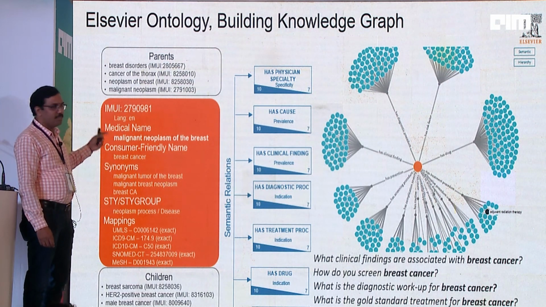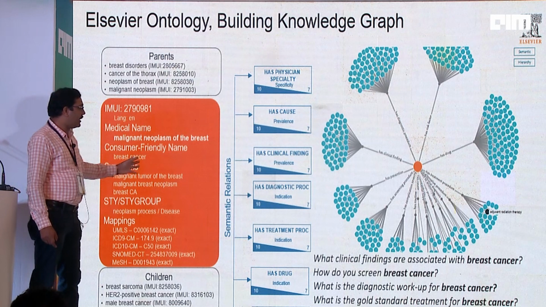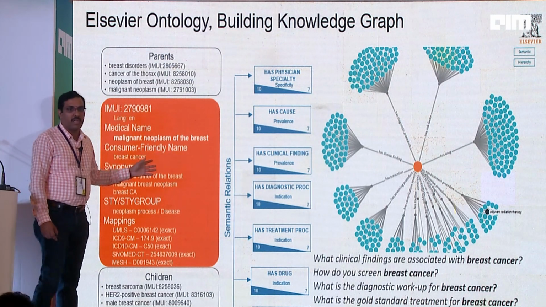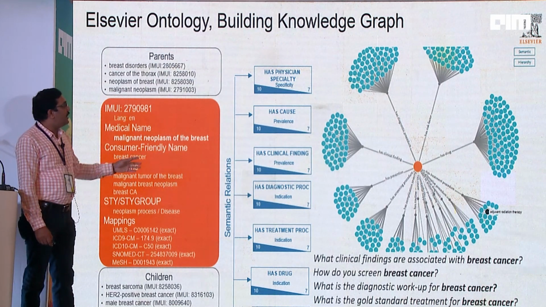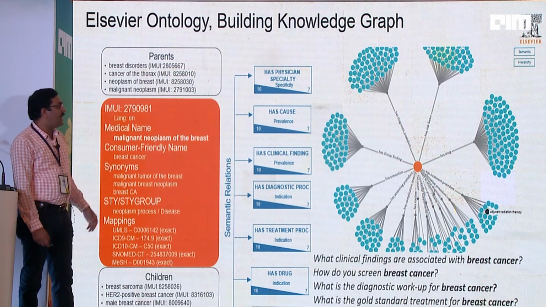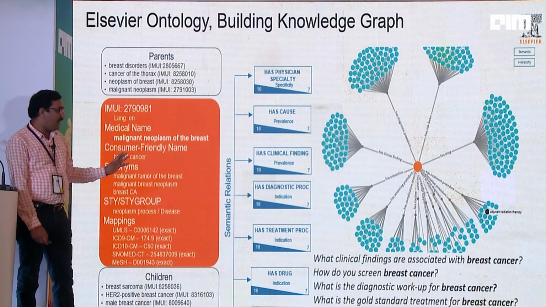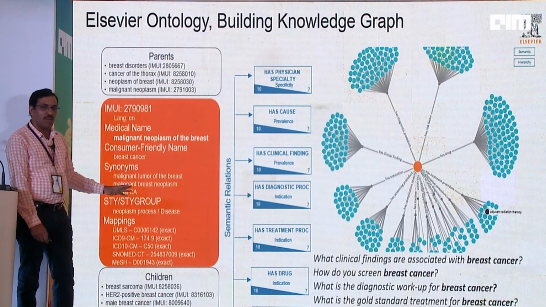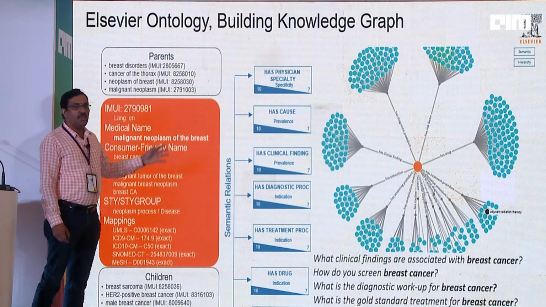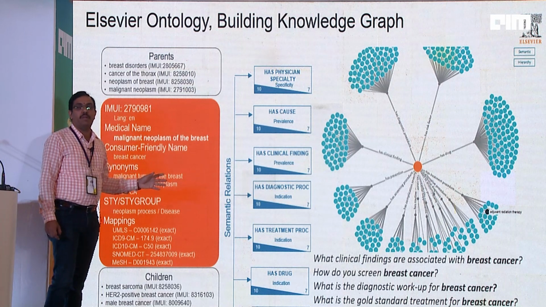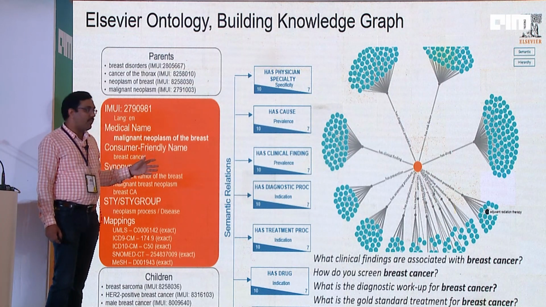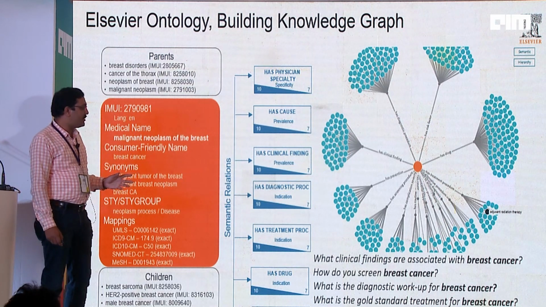We have a lot of semantic relations extracted for every concept, like has physician specialty, has cause, has clinical finding, has diagnostic procedure, has treatment procedure, has drug, has complication. These are very widely used semantic relations, and there are many more, close to 40 or 50 different kinds.